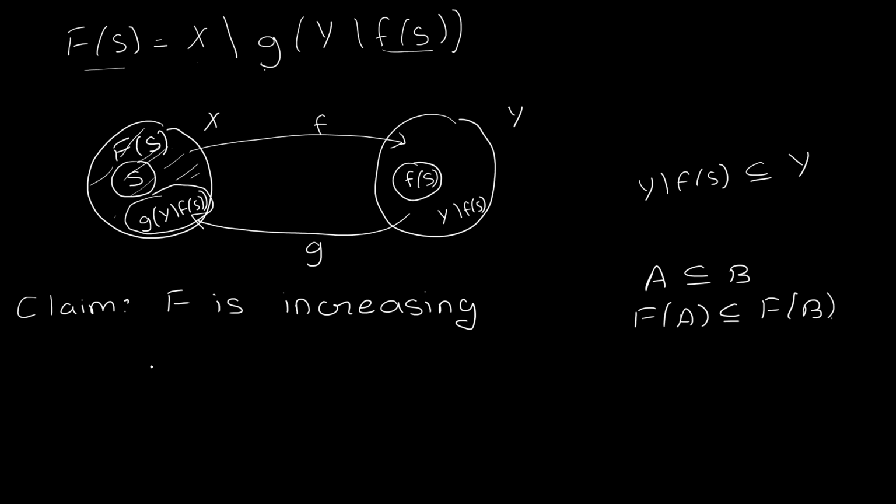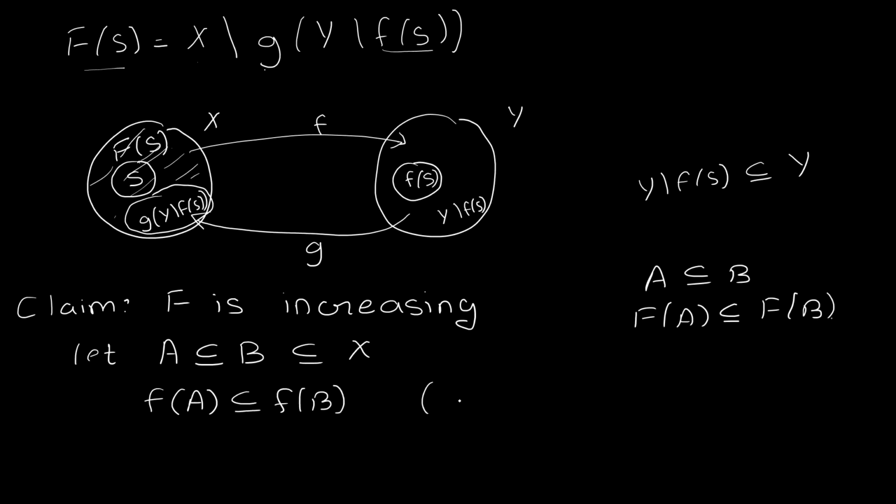Now I will take two subsets of X. Let A be a subset of B, both being subsets of capital X. Now what I know is that small f of A is a subset of small f of B. Why? It is given that f is increasing. It was given in the theorem that small f and small g are increasing.